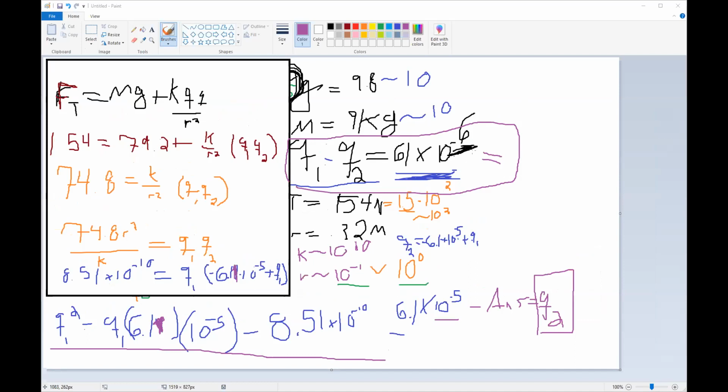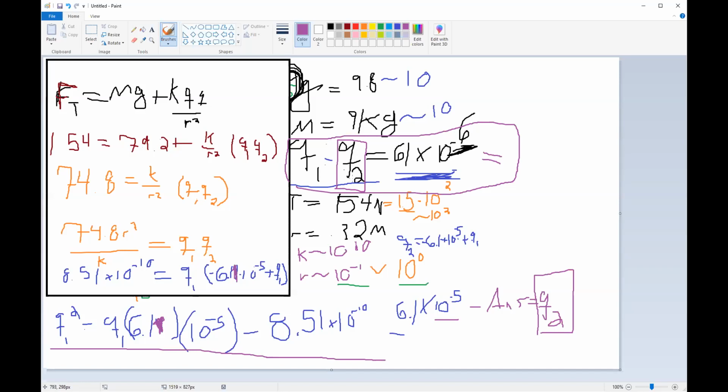I'm saying the magnitude 61 times 10 to the negative 6 is equal to the magnitude Q1 minus the magnitude Q2, which does 2 things. It automatically makes Q2 the negative charge, and it also automatically means that we need to watch our signs. So we're solving for magnitudes.